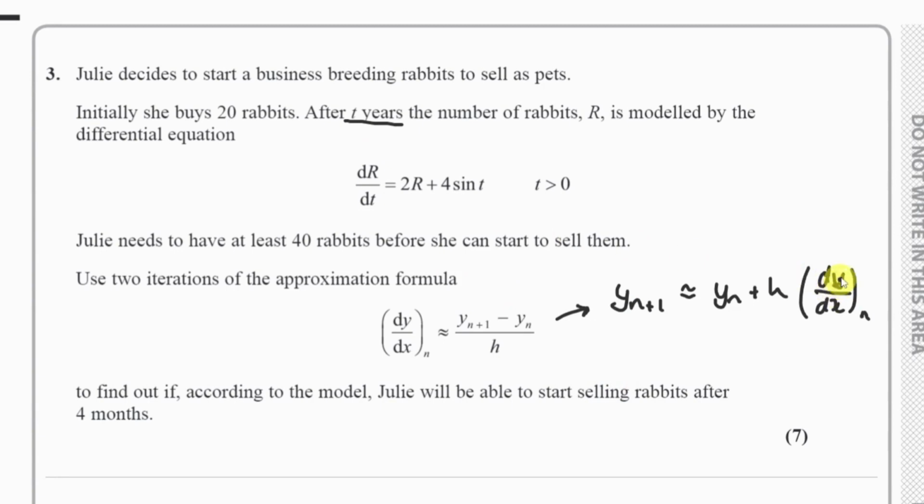So your way to spot which letter is what: dy/dx, dr/dt. So y is r. So r_{n+1} is approximately r_n + h lots of dr/dt at n. That's going to help me later on to find out if, according to the model, Julie will be able to start selling her rabbits after 4 months.